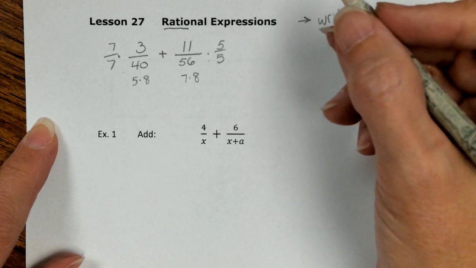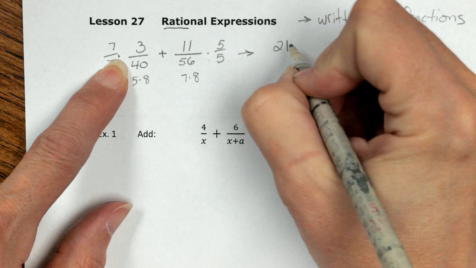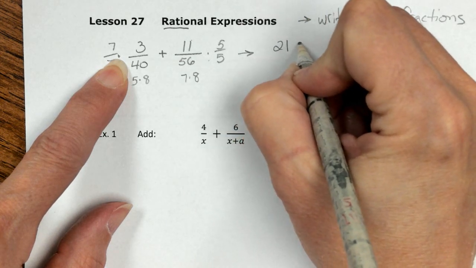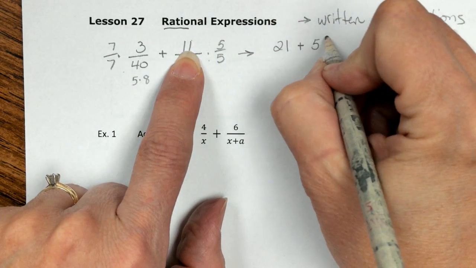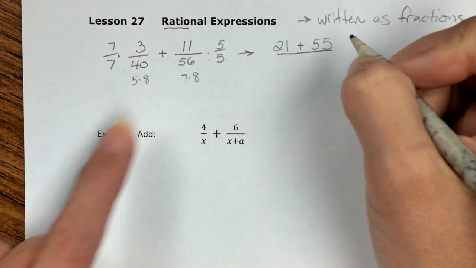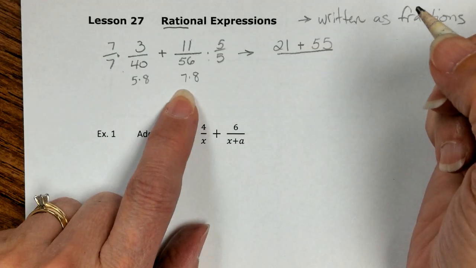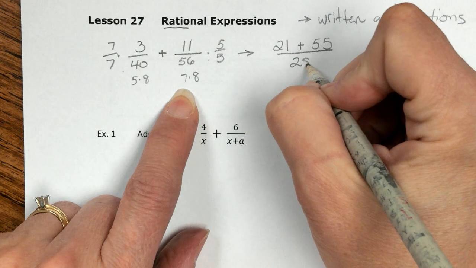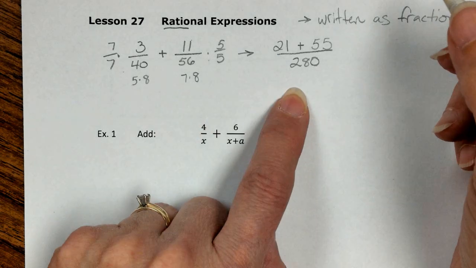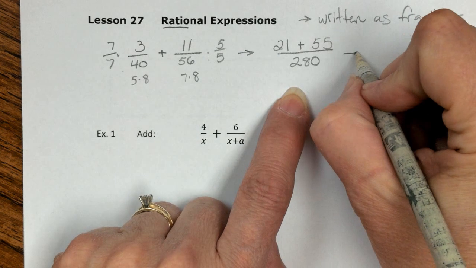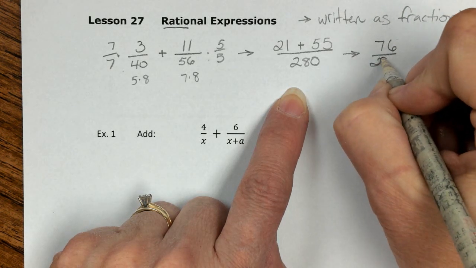Okay, so that means we have 21 plus 55 over that common denominator, which looks like that would be 40 times 7 is 280. And then we add the like terms in the numerator, and that looks like 76 over 280.